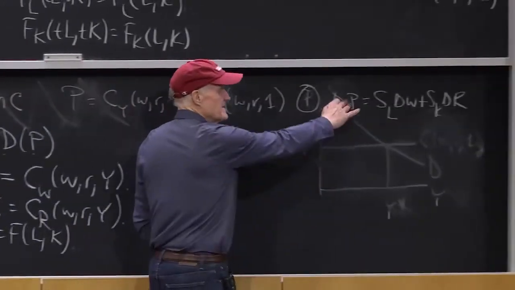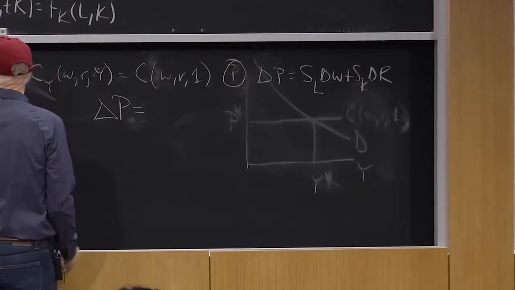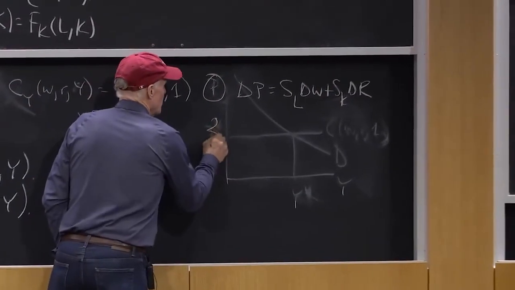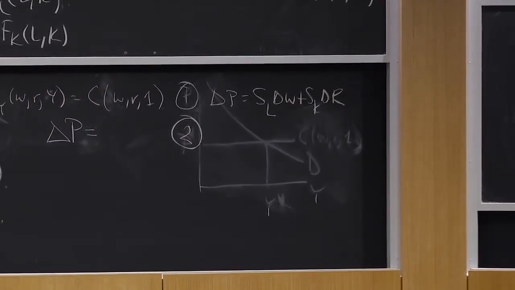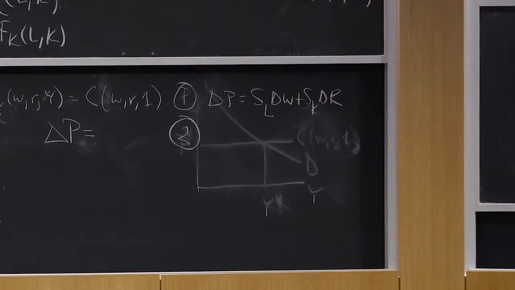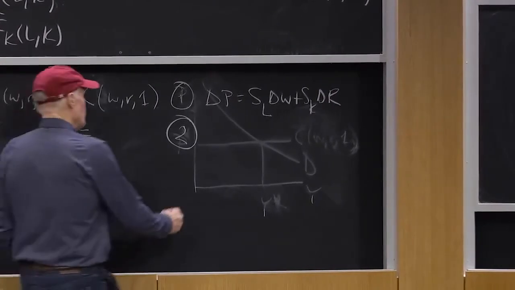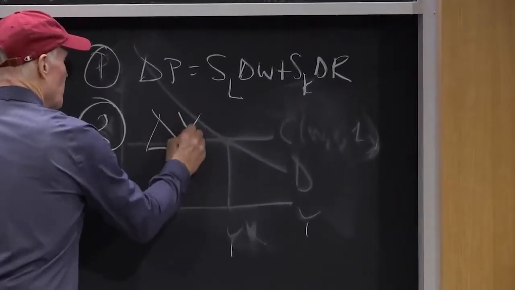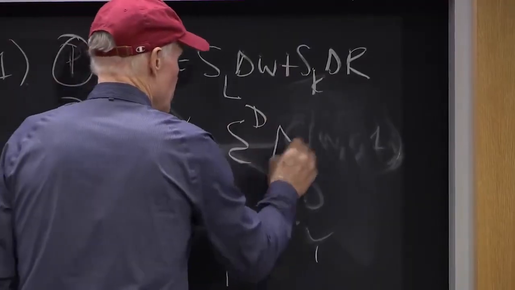This, of course, depends on constant returns. You can see I used constant returns to scale to get that. What about number 2? What's equation number 2 expressed as changes? How about if I'm going to hold demand fixed, I get delta Y equals epsilon_D delta P, right?